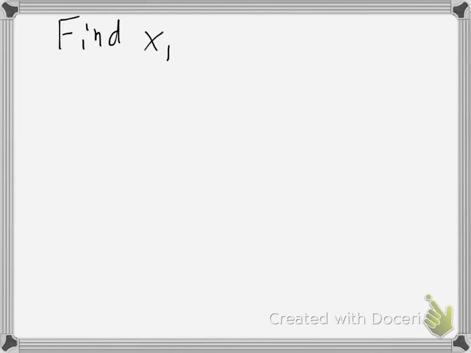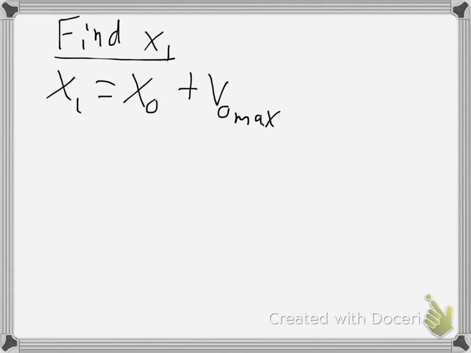So let's rewrite that, and it's going to look very similar. x1 is equal to x0 plus v0 max, and then the difference in time from t1 to t0.